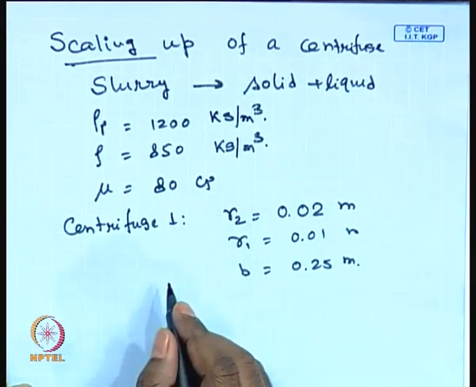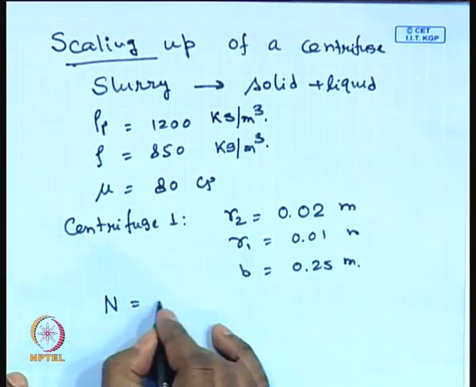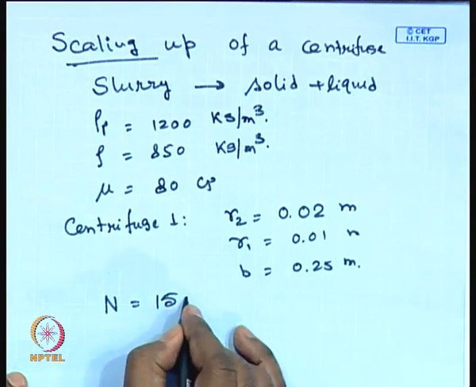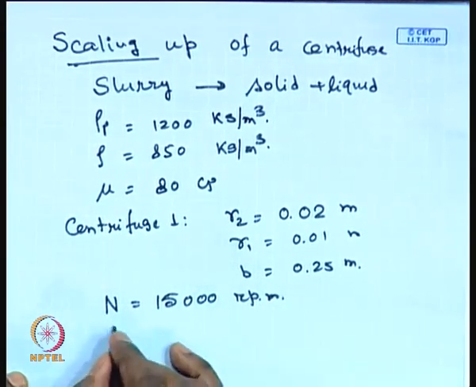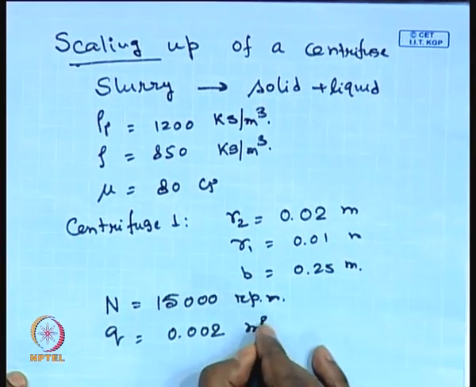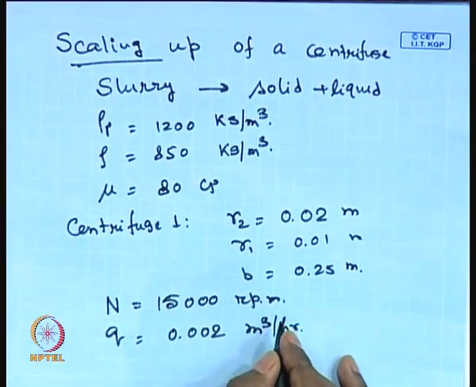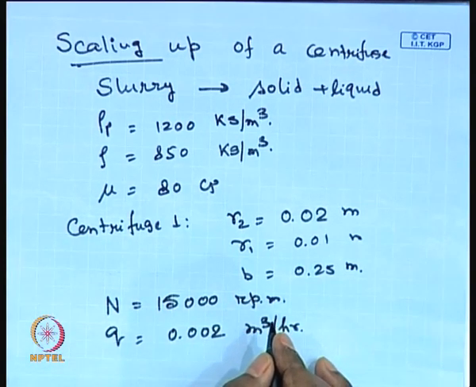We are going to use an operating condition of 15,000 revolutions per minute, and flow rate of 0.002 meter cube per hour. So, using this centrifuge, we would like to scale it up.